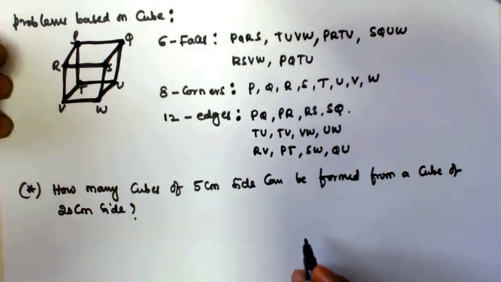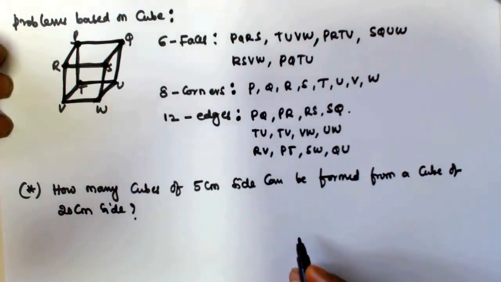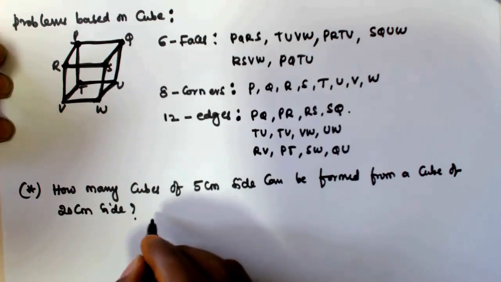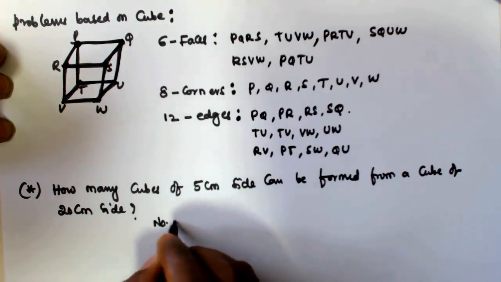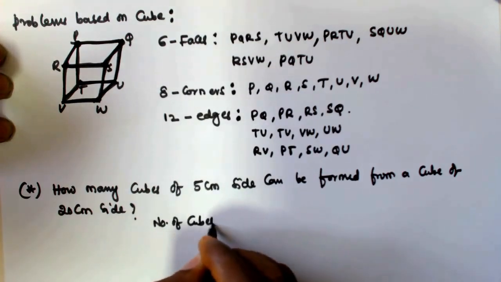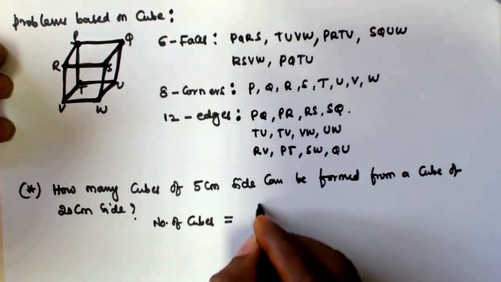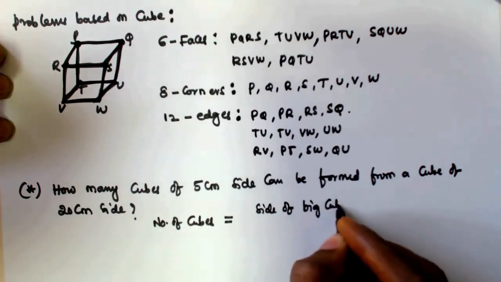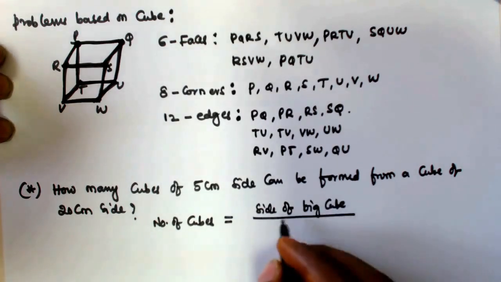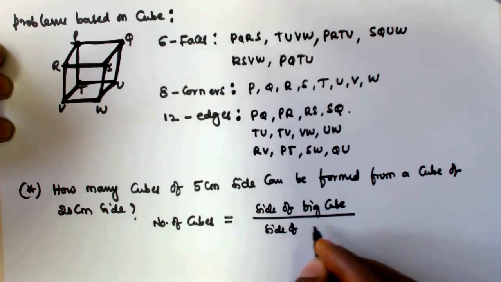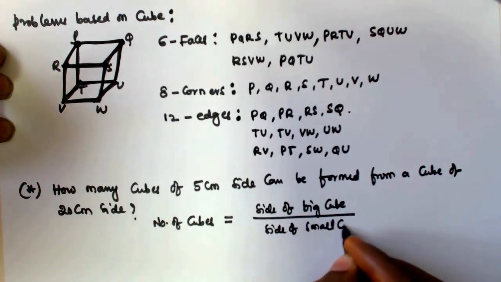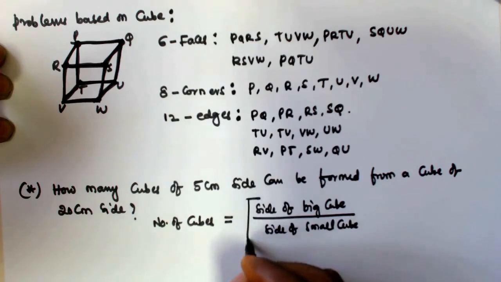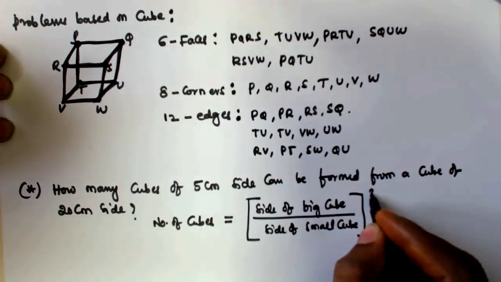There is a shortcut formula for this kind of problem. The number of cubes is equal to the side of the big cube divided by the side of the small cube, the whole to the power of 3.